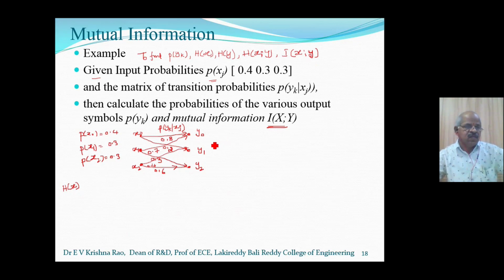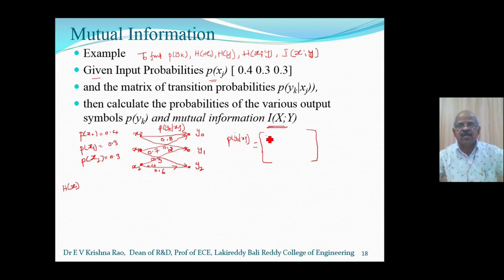So the transitional probability P(yk at xj), as we know, is arranged so that for every input, first row, for every x0 input, the outputs are y0, y1, y2.